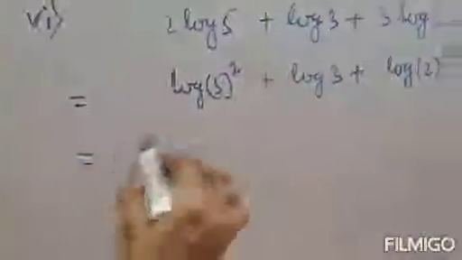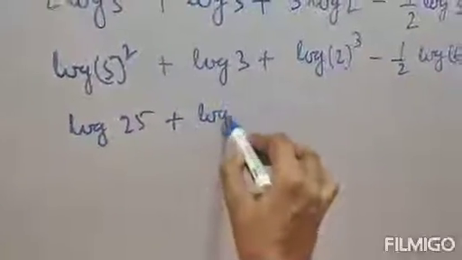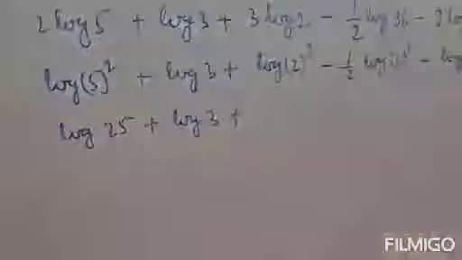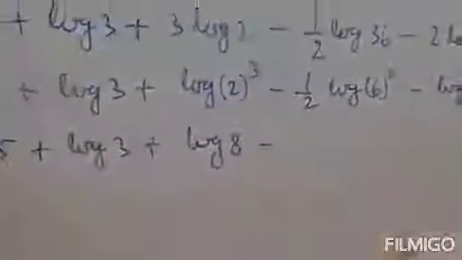Now log 5 to the power 2 means log 5 square, that is log 25, plus log 3 plus log 2 to the power 3. Log 2 to the power 3 means log 2 into 2 into 2, that is log 8, minus 1 by 2 log 6 square.